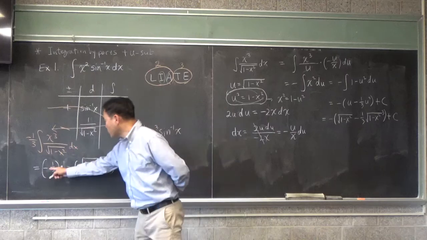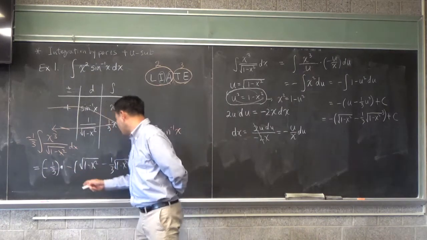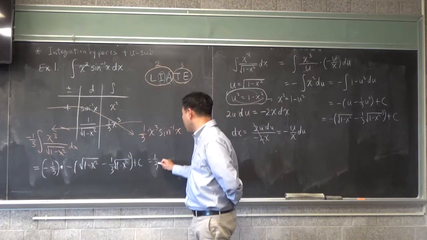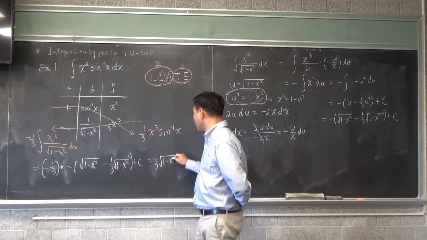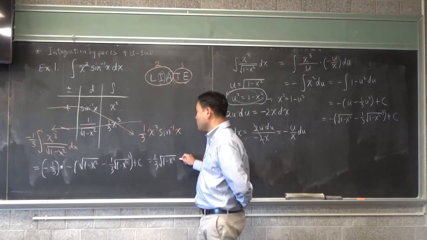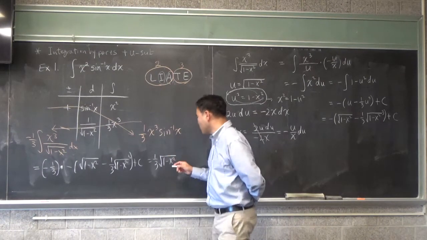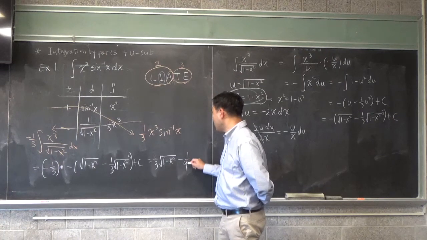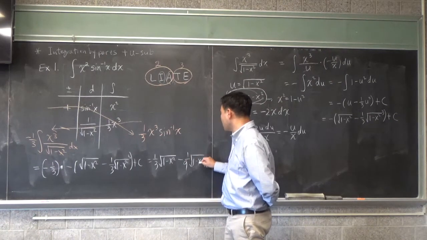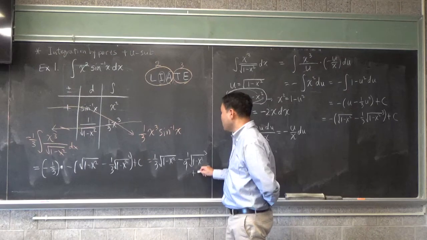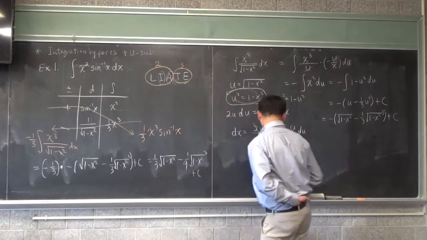And negative 1/3 times this is positive 1/3 times this, so you get 1/3 the square root of 1 minus x squared, and then 1/3 times 1/3 is 1/9, so it's minus 1/9 the square root of 1 minus x squared cubed plus c, and you still have this, so now we have the final answer.